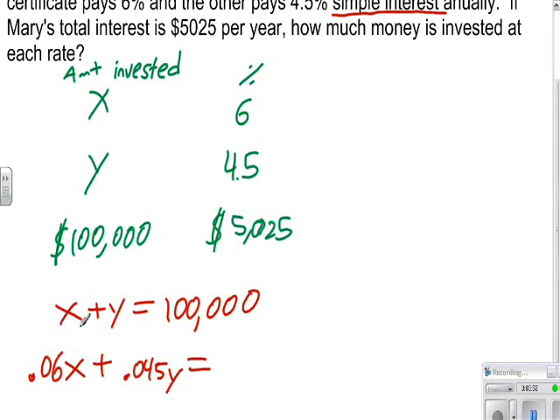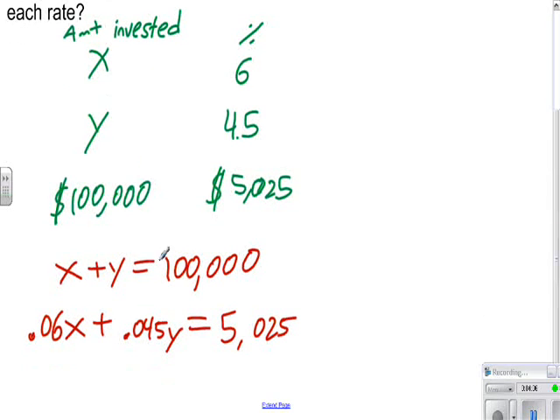And that will be our total interest that we earn in a year, $5,025. There's 2 equations, 2 variables. We can solve this either using substitution or elimination. It's up to you.